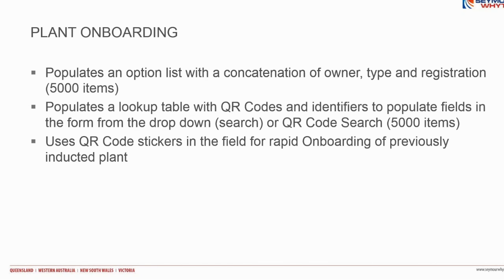We've got a sticker that has QR codes in it, so that if a piece of plant comes in with a QR code sticker already on it, you can scan that, and then that will use the lookup table, which we also upload, to look up the plant data, so then you can record the inspection against it.